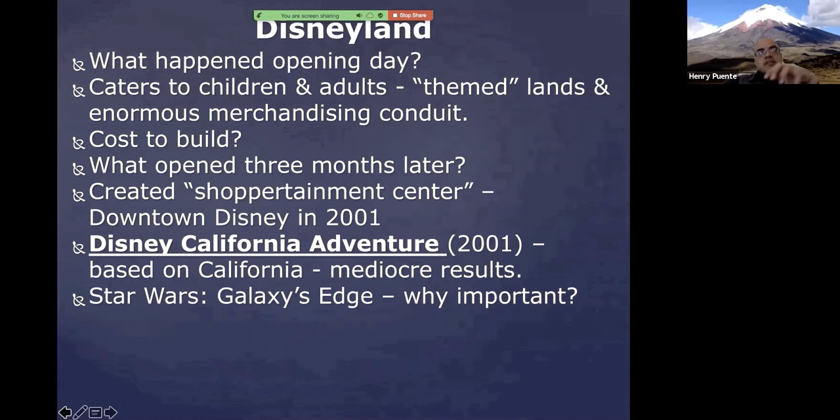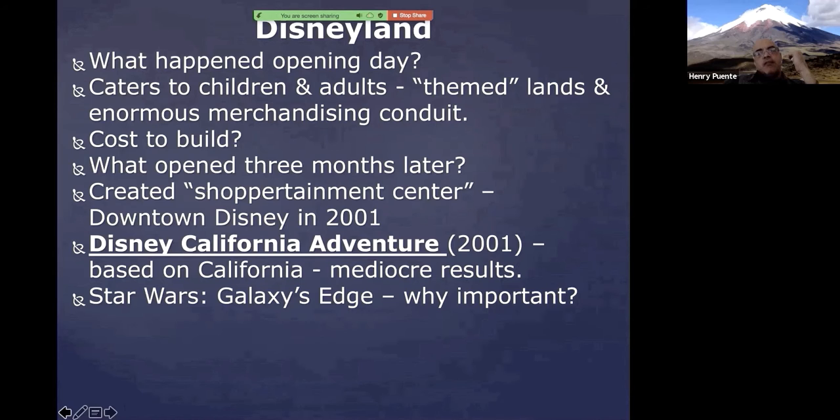Downtown Disney was created in 2001, sort of modeled after Universal City Walk over in Universal City. This idea of building an entertainment shopping center adjacent to the actual theme park was a mechanism to generate more revenue for the park or for the corporation of Disney.